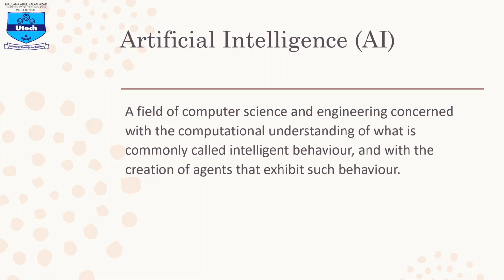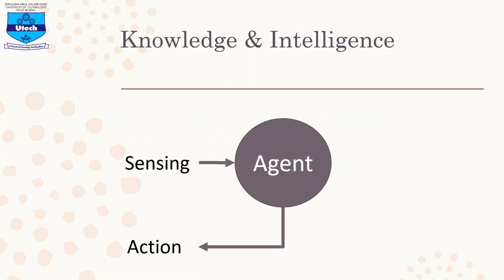So how does the intelligent behavior come to the agent? Earlier we talked about this type of architecture for agents, where the agents gather sensory information from the sensors, and after sensing the environment, there will be some rules given to the agent. Based on the rules, the agent is going to take some actions on the environment.